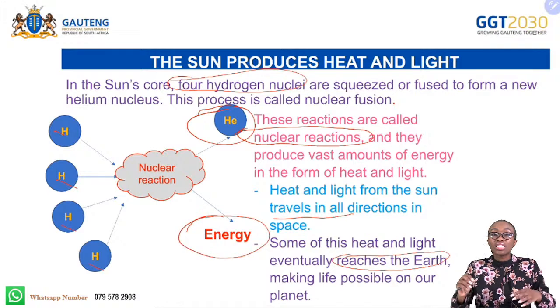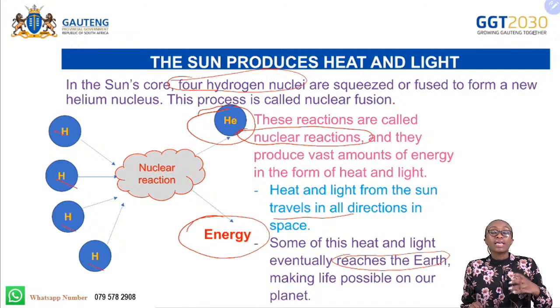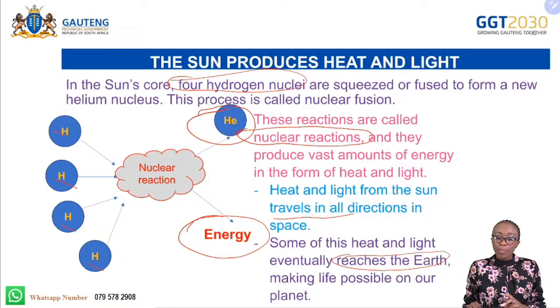It is energy, in the form of light energy and also heat energy. Once this reaction has occurred, some of it reaches our planet. What is the name of our planet? The name of our planet is the Earth. It reaches our planet and then it makes life possible.